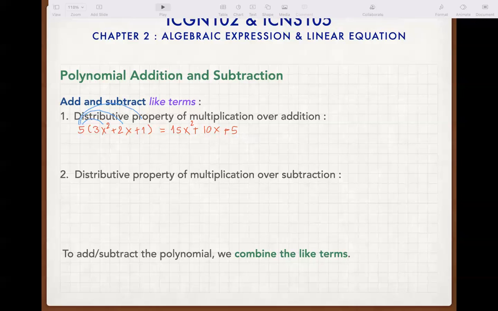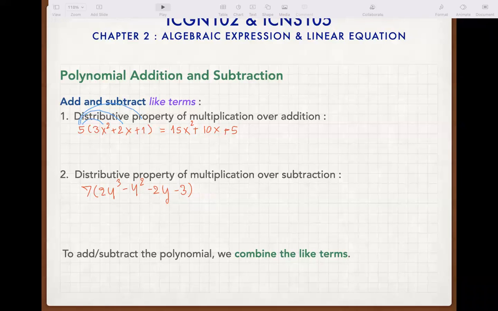The next one, distributive property of multiplication over subtraction. You have 7 times the group of 2y cubed minus y squared minus 2y minus 3.